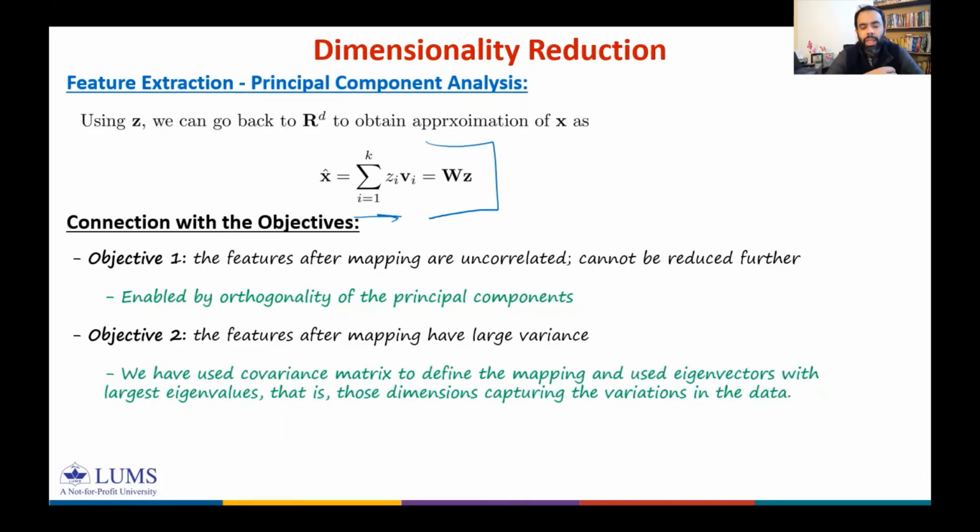These principal components are along the dimensions where we have most of the variation in the data by design. So we have served these two objectives by carrying out reduction in dimensionality.